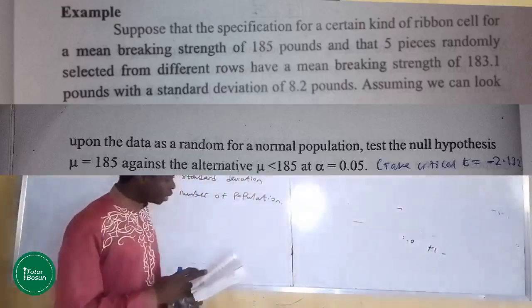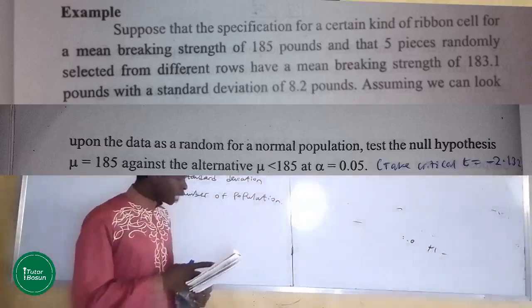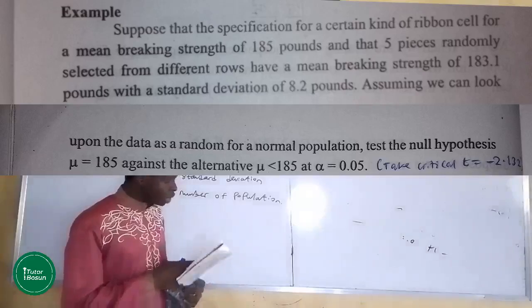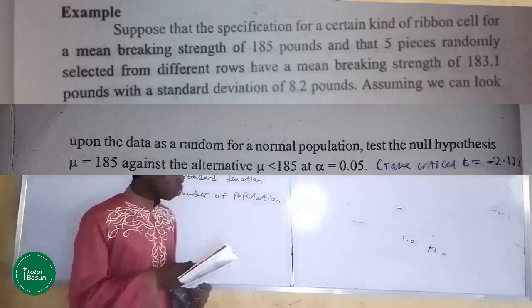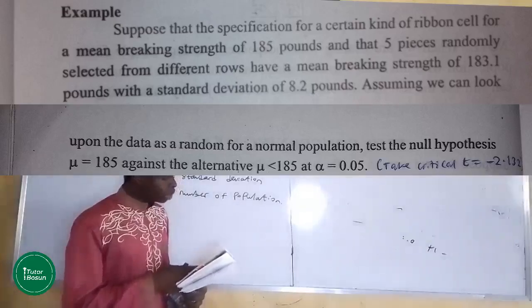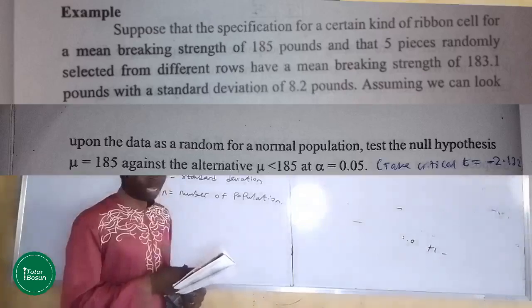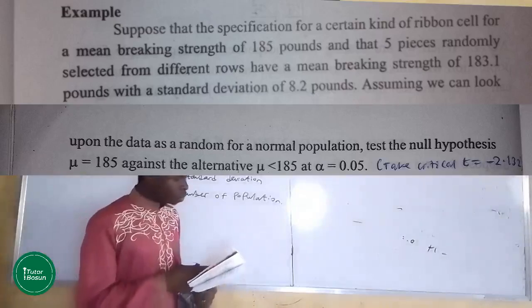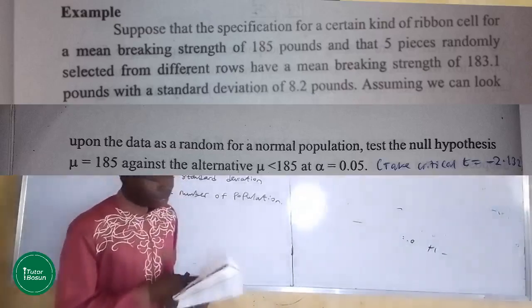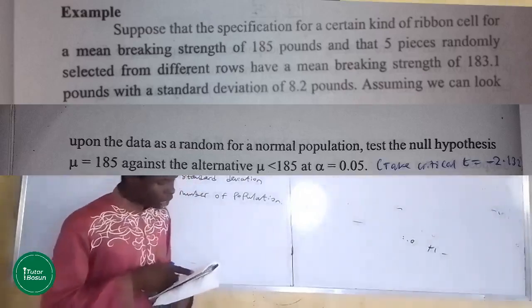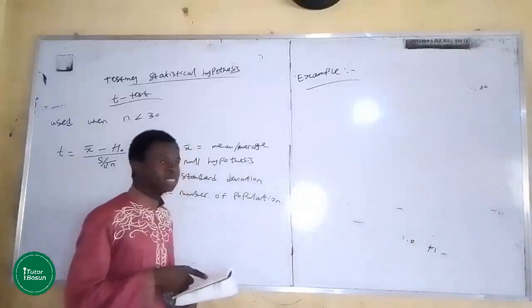Assuming that we can look upon the data as a random sample from a normal population, test the null hypothesis mu equals 185 against the alternative hypothesis mu less than 185 at level of significance alpha equals 0.05. Take the critical value t to be minus 2.132.